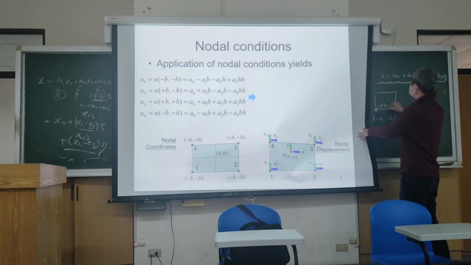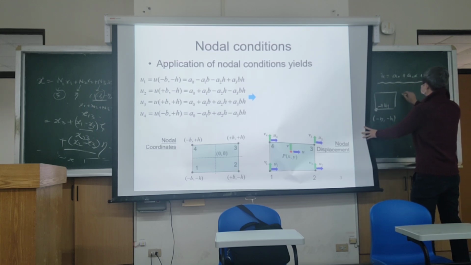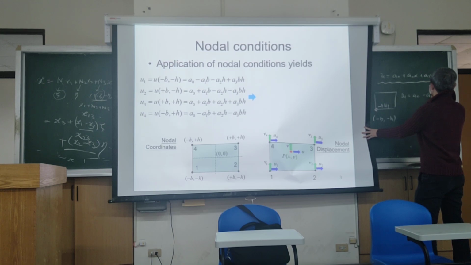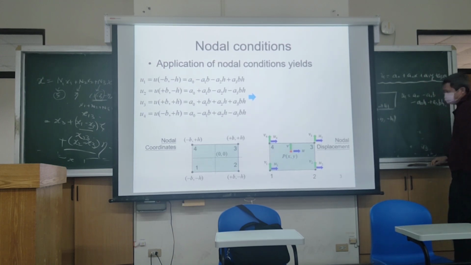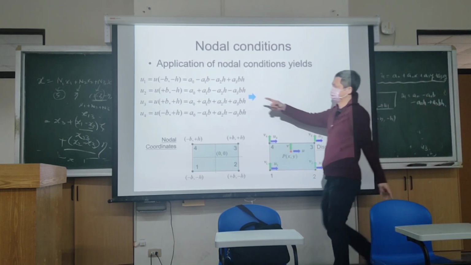It has displacement u1. So substitute in this condition: u1 is equal to a0 minus a1b minus a2h plus a3bh. This is the first point, the first equation.